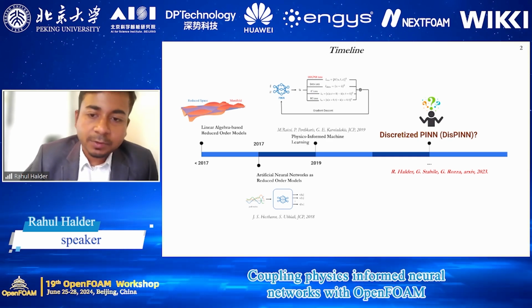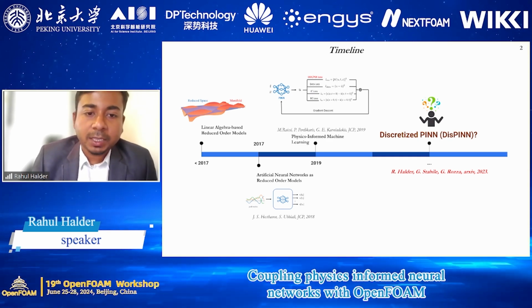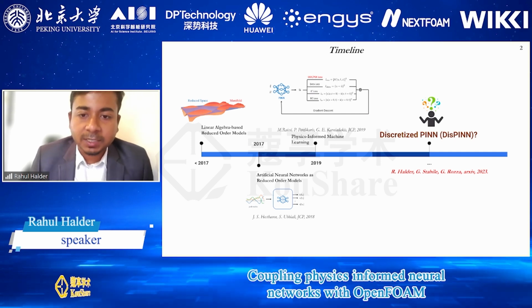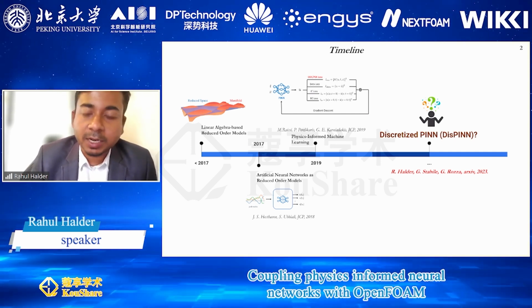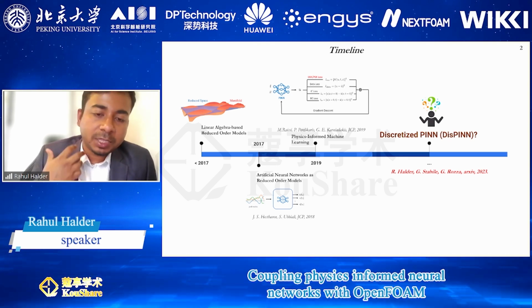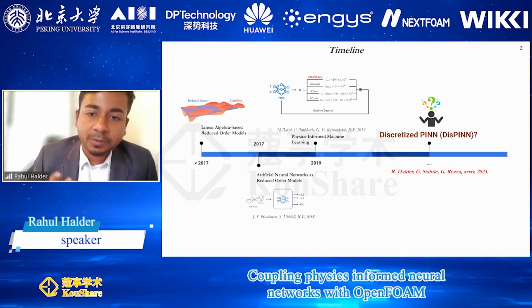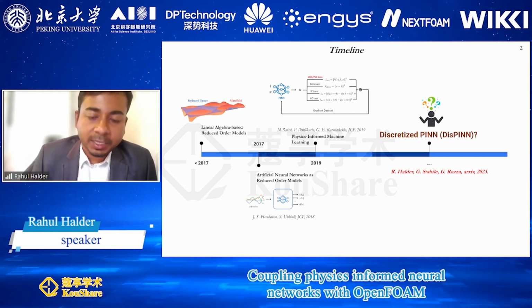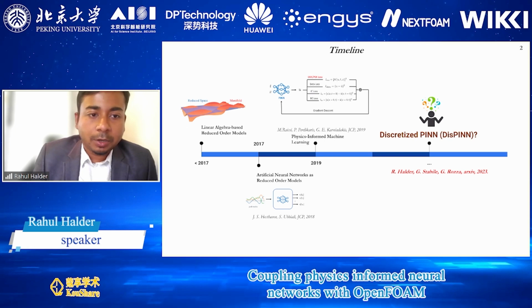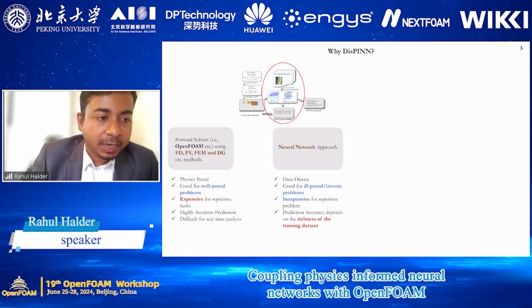Then from last year, we started to think: why use automatic differentiation or some conventional schemes that have been used in physics-informed neural network? Why don't we use the governing equations directly from the physics solvers that we have, be it OpenFOAM or anything? So this is the idea now.